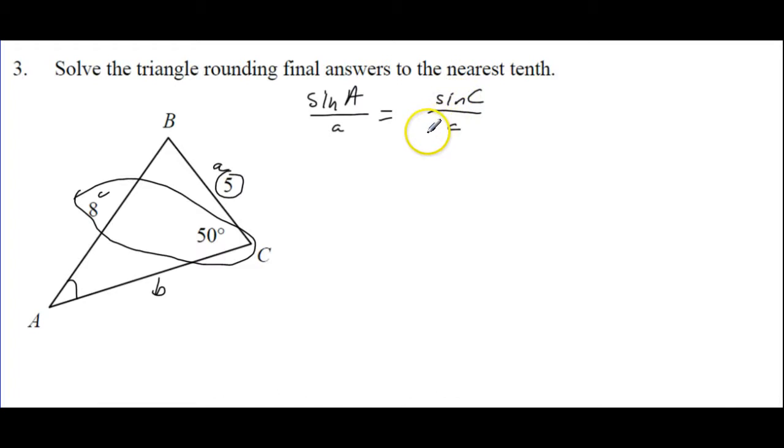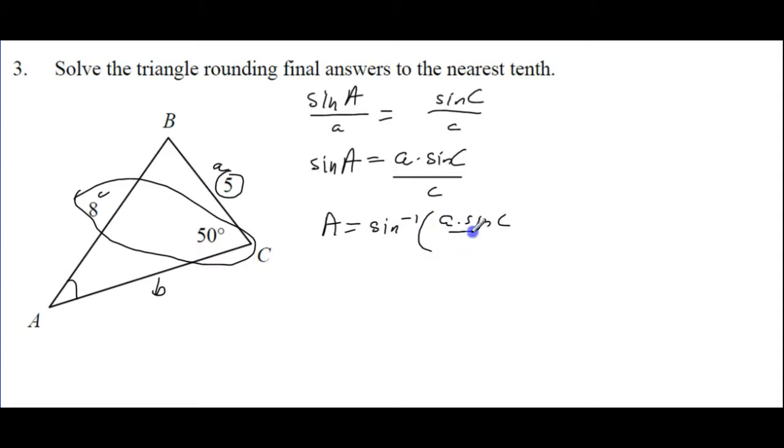Now if I do a little rearrangement here, then I'm going to write sine A is equal to a times sine C over little c. And going one step further, A is the inverse sine of a times sine C over little c, which is, and now we can fill in numbers, right?